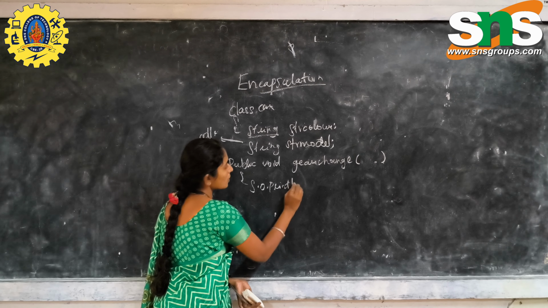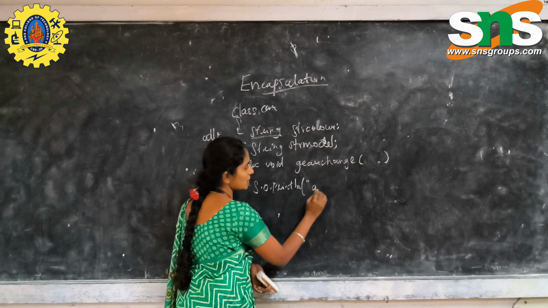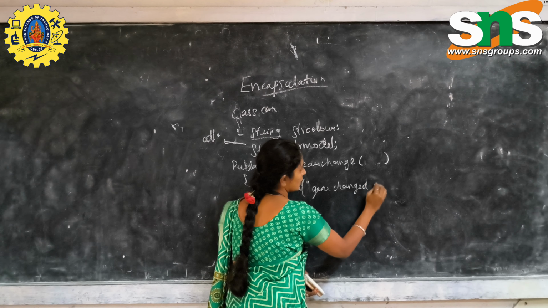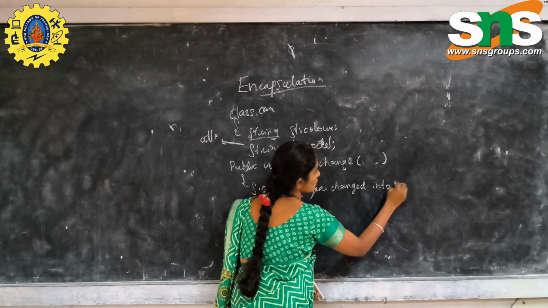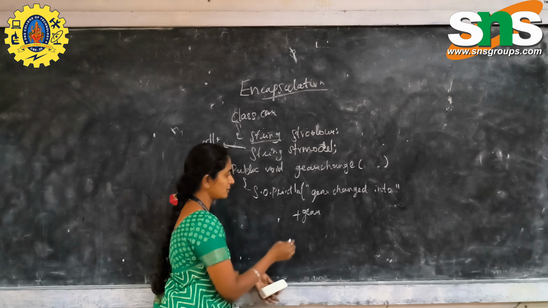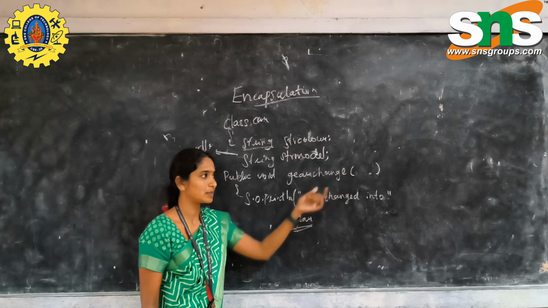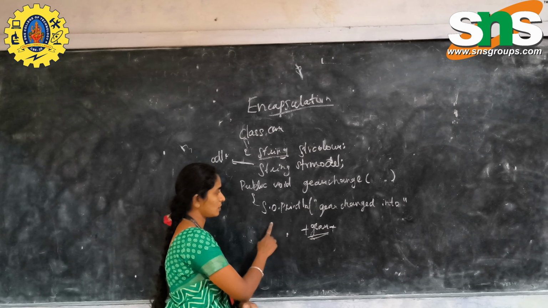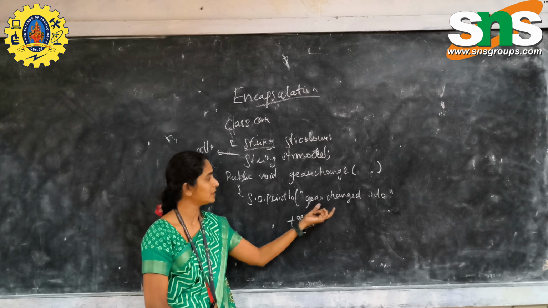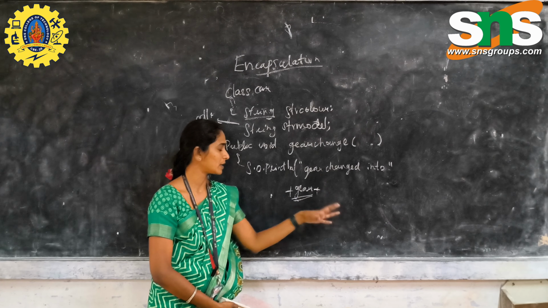Then I give the definition for this: System.out.println, "gear changed into" plus gear. The text in double quotes will be printed as it is.